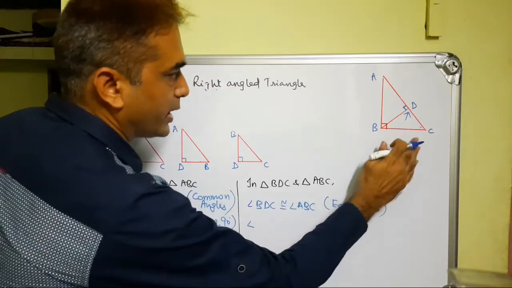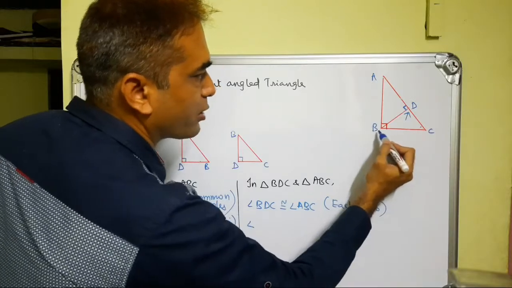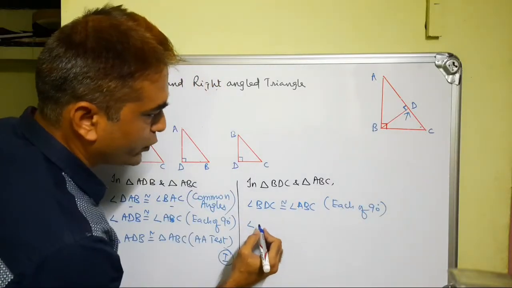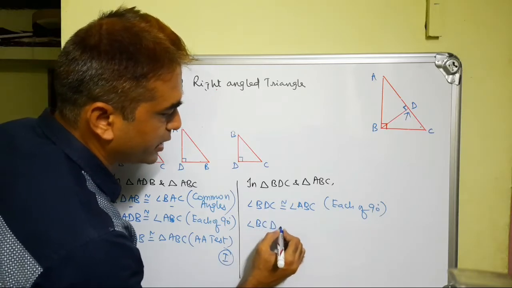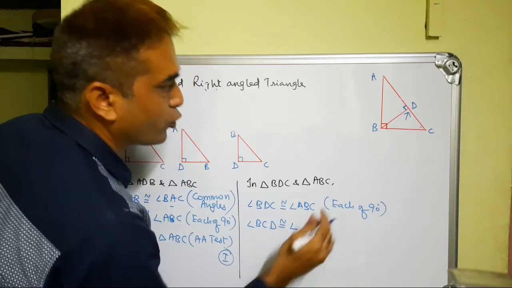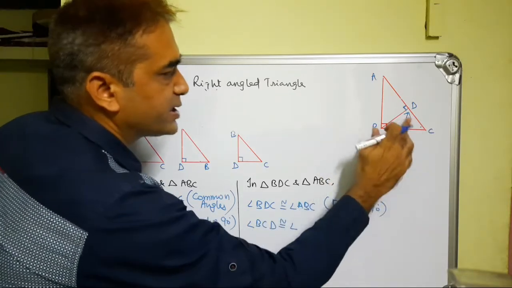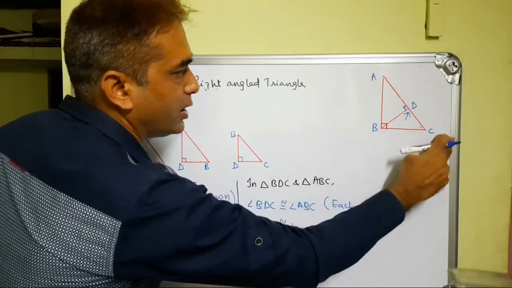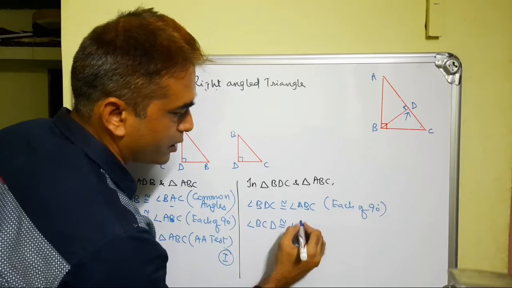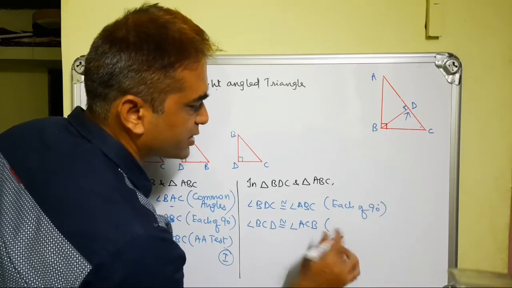So in triangle BDC we'll write angle DCB, or you can write BCD. Suppose we write angle BCD is congruent to, we have started with angle BCD, we have ended at the right angle, so again we'll end at the right angle and we'll write angle ACB. Angle ACB, this is a common angle.